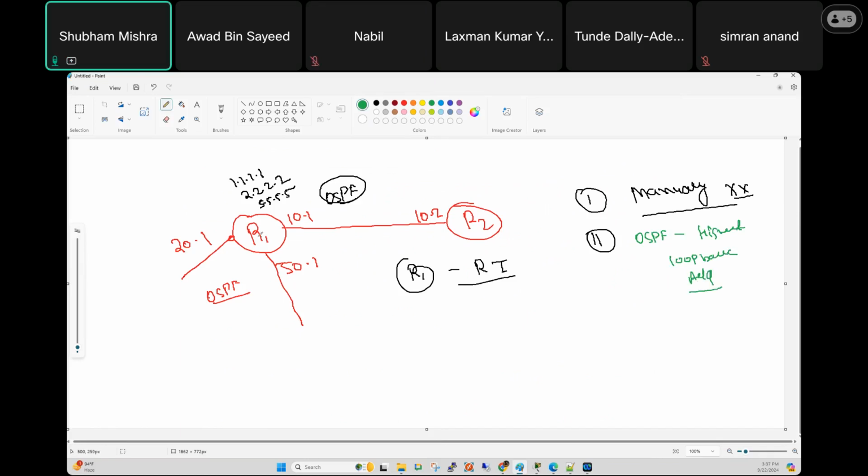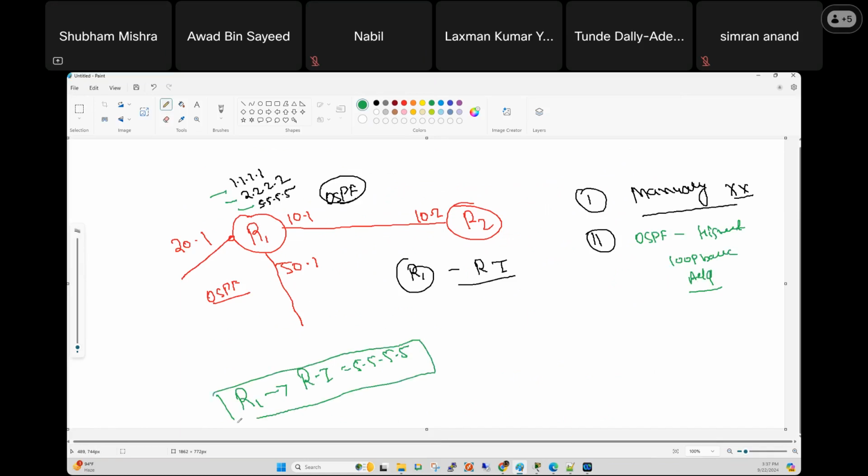On R1, how many loopbacks did you configure? 1, 2, 3. Which is highest? 5.5.5.5 is the highest. So for R1, the router ID will be 5.5.5.5. Understand everyone? Tell me yes or no.